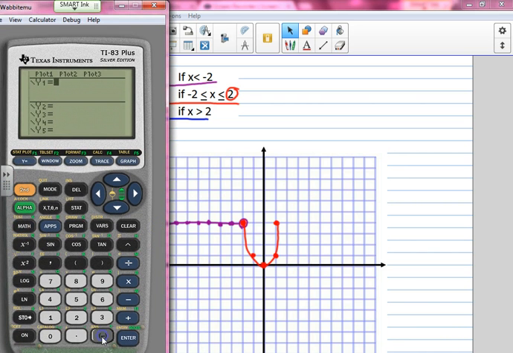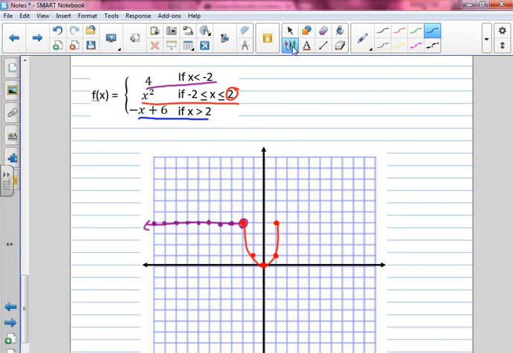Negative x plus 6. All right, and I press second graph, and I'm looking at 2 because that's the number mentioned in my constraints. So I go to 2. The y value at 2 is 4, so I go to 2, 4. And this one's an open circle because it does not have an or equal to bar.